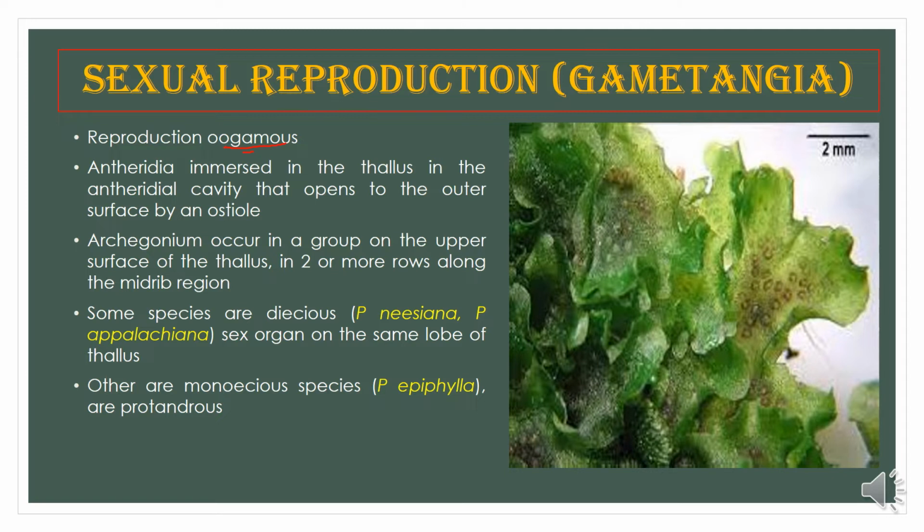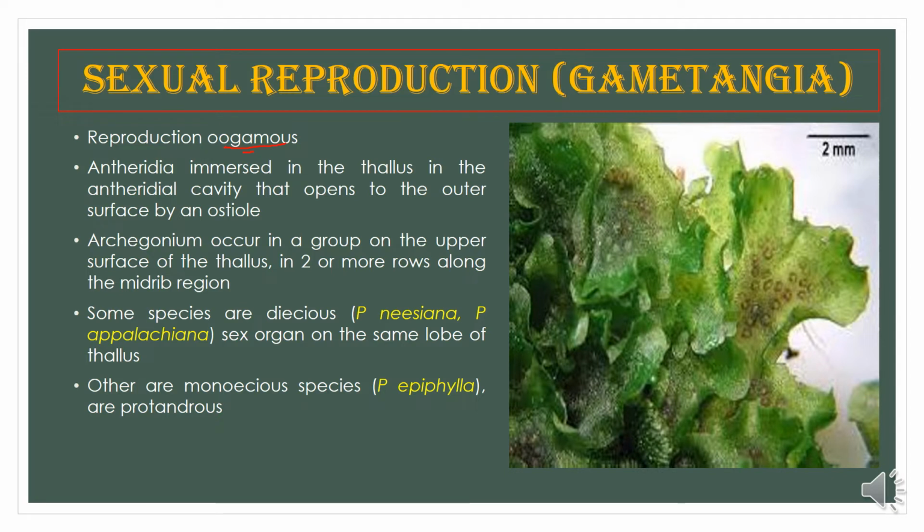That is, the male gamete is much smaller in size, spiral in shape and motile, that is, it can swim. On the other hand, the female gamete is much larger in size, circular or ovate in shape, and it does not move, it is non-motile.